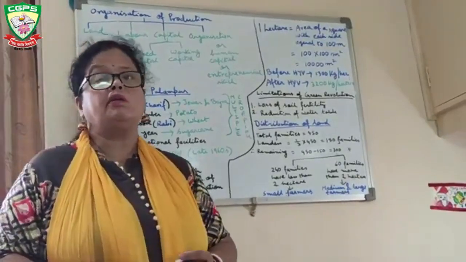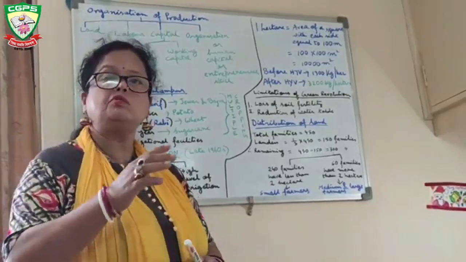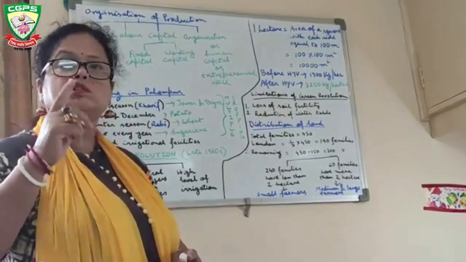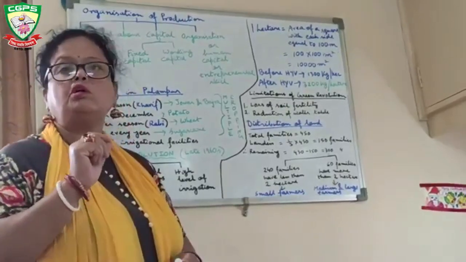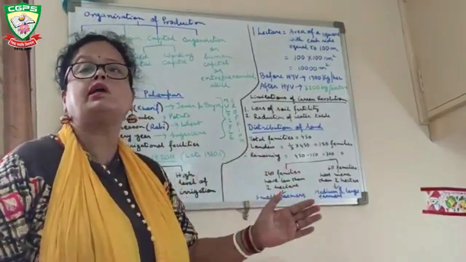But after his death, this 2.25 hectare of land was equally divided among his 3 sons. So each son got 0.75 hectare of land, which is very less, even less than 1 hectare.